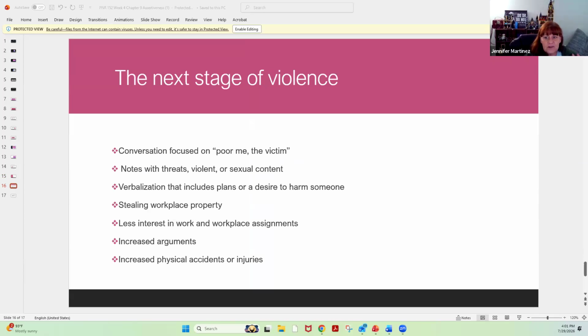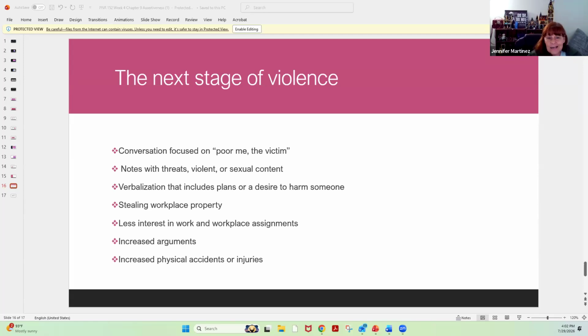They may start to leave notes with threats, violence, or even sexual contact. They may start to verbalize plans or desire to harm someone. They may start stealing property. They are less interested in work and assignments. Increased arguments, increased physical accidents and injuries.